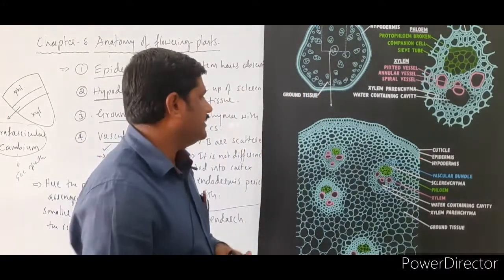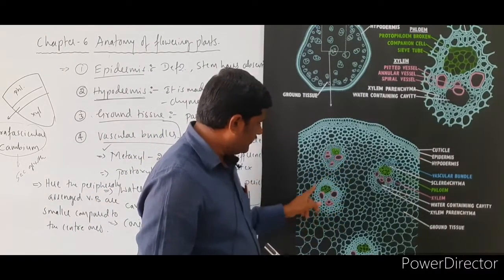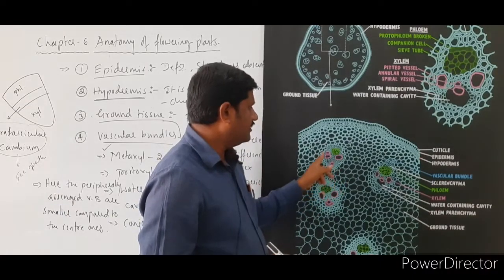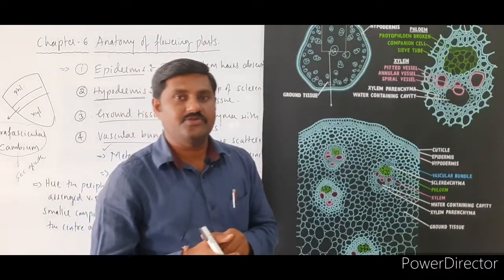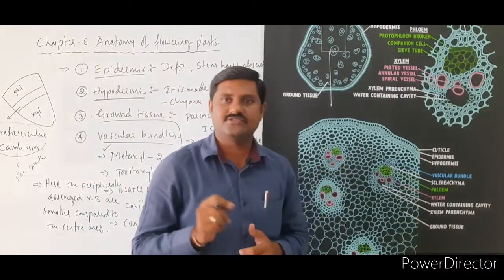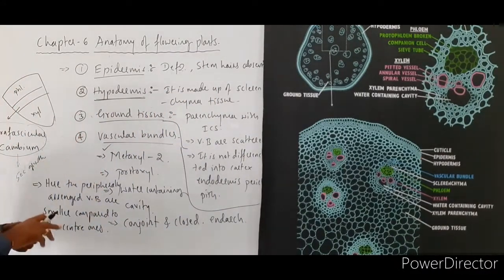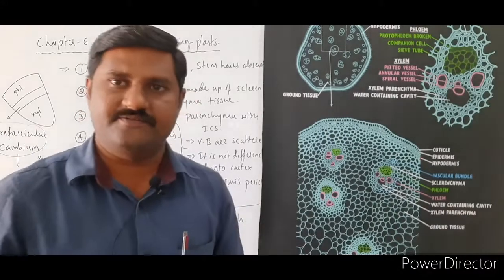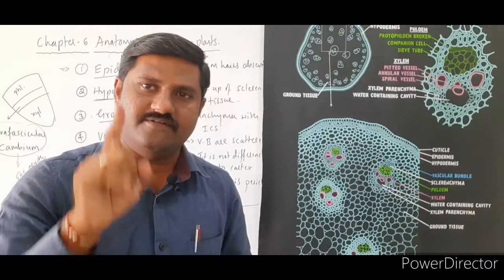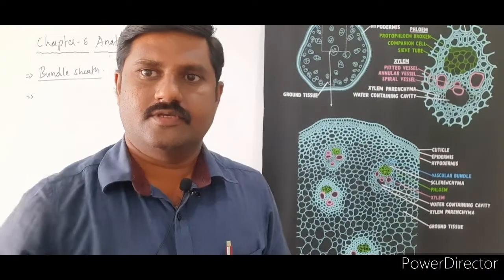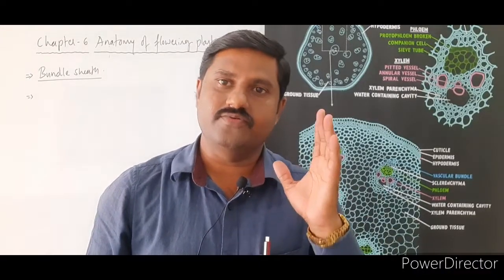And one more thing is, around each vascular bundle you will find a sheath-like structure or covering, a single celled covering that you come across, and that sheath is called the bundle sheath. The presence of bundle sheath is also a very unique feature of this stem, but the bundle sheath is totally absent in dicot vascular bundles.